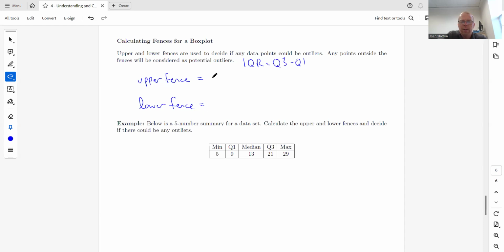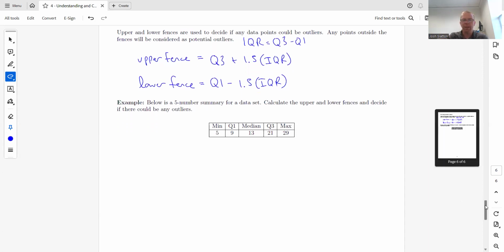So the upper fence is going to be Q3 plus 1.5 times the IQR. And then the lower fence is Q1 minus 1.5 times the IQR. So very simple formula. You just plug it in and you can get your fences.